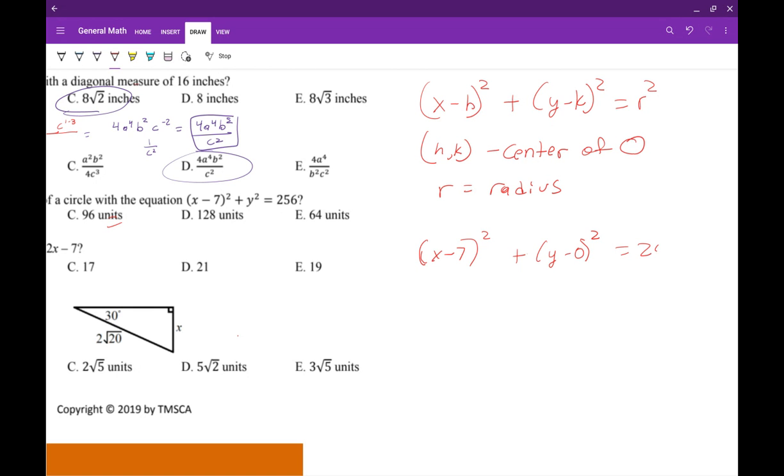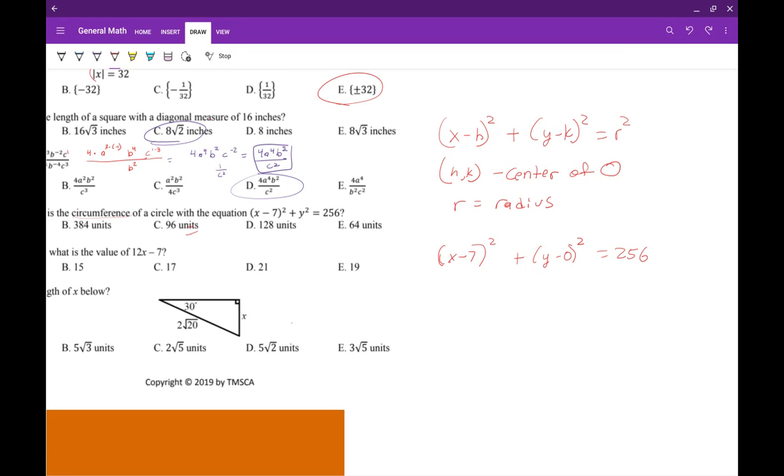And that's equal to 256. Now sometimes you'll have to group it together and factor it so that it resembles this, but for now we don't need to do it, and when we will, then I'll probably go over it. So you have (x - 7)^2 + (y - 0)^2 = 256.